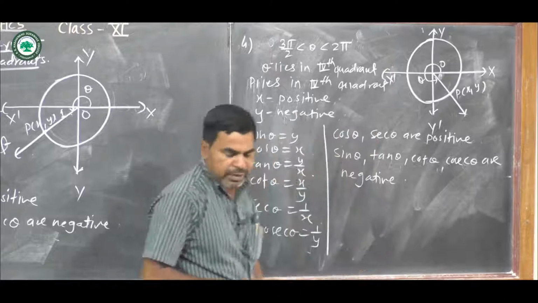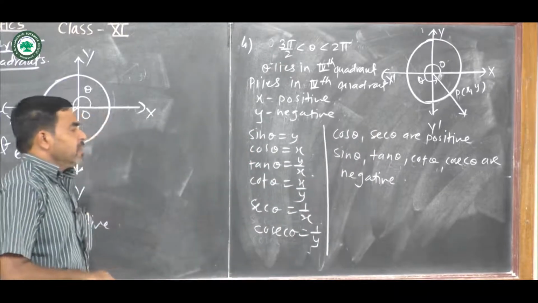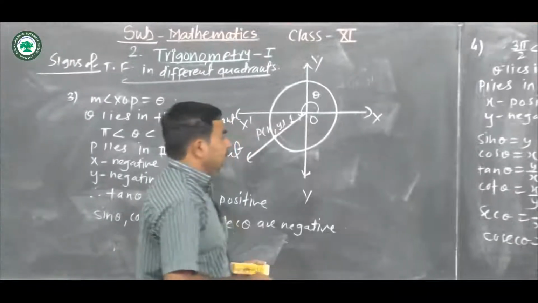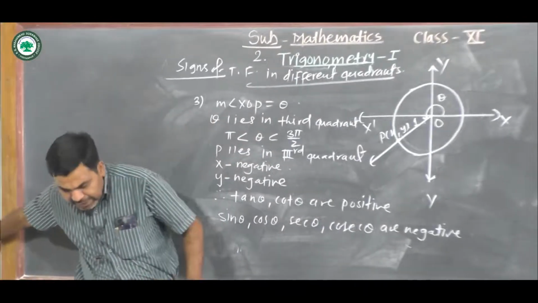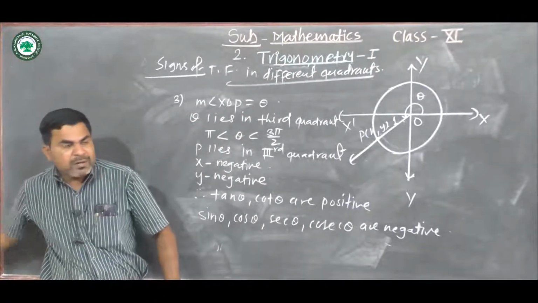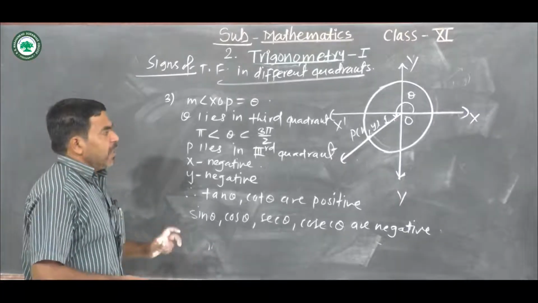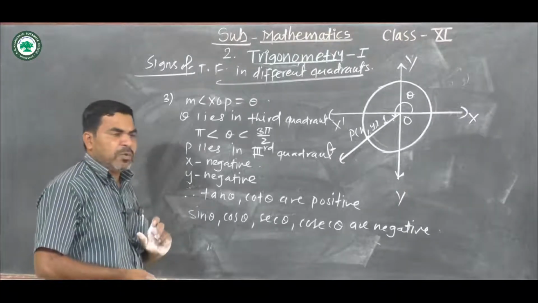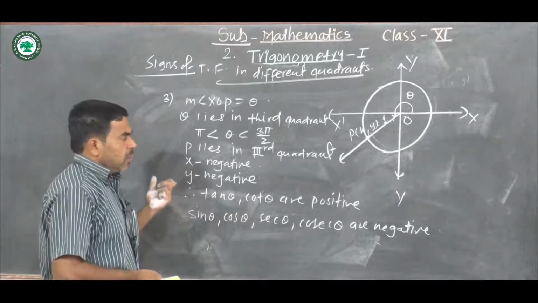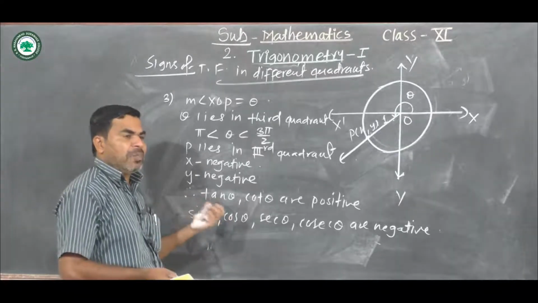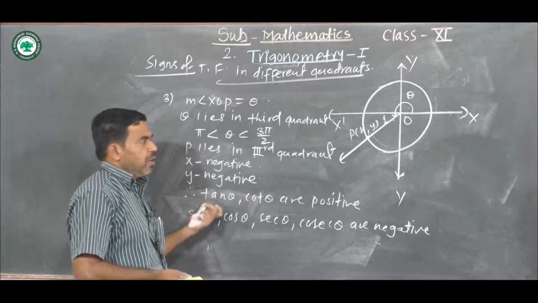So we have seen the signs of trigonometric functions in different quadrants. We have seen in first quadrant all are positive. In second quadrant sin cosec are positive, remaining ratios are negative. In third quadrant tan cot are positive, remaining ratios are negative.